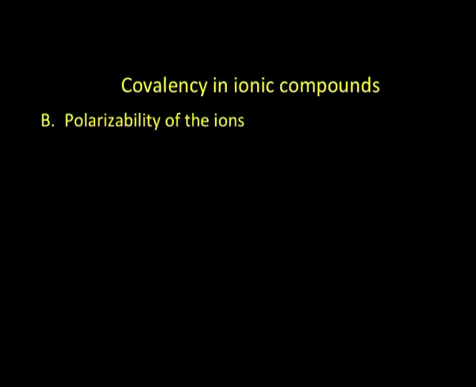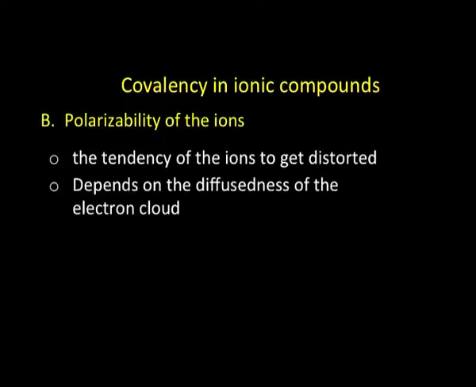The polarizability of an ion is basically the ability of an ion to get polarized. Essentially, it is the tendency of the ions to get distorted or polarized. And this depends on the diffuseness of the electron cloud, that is, how diffused the electron cloud is. We know that as the ion becomes larger and larger, the electrons get slightly away from the nucleus and they are slightly loosely held.